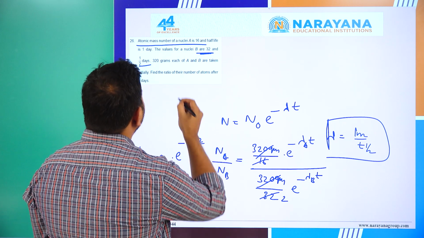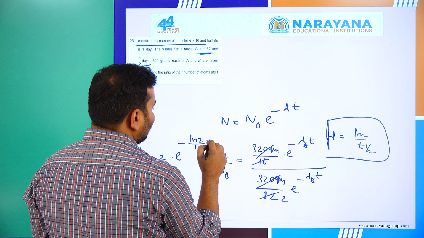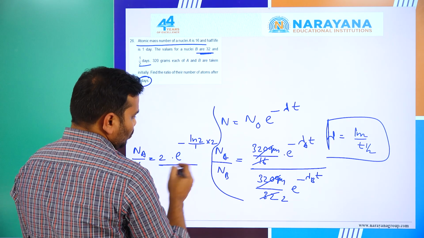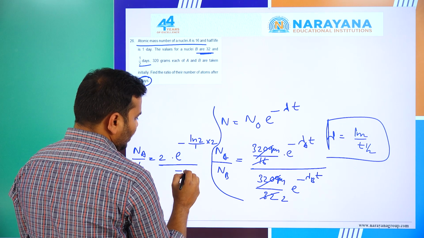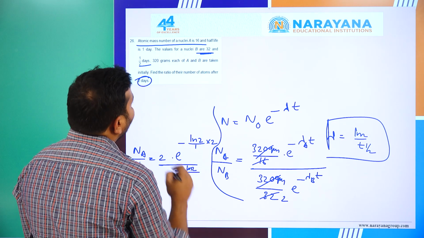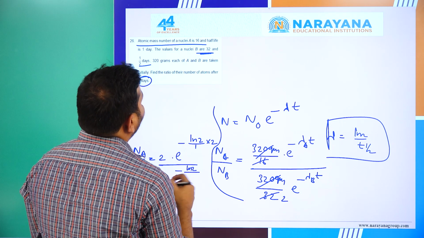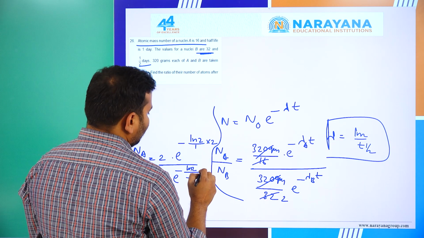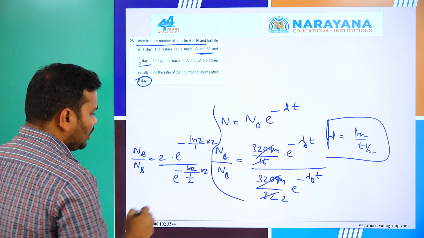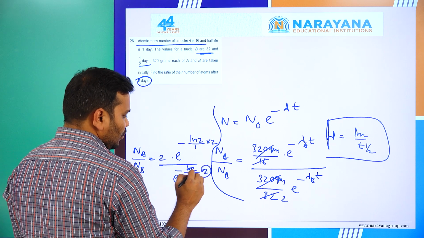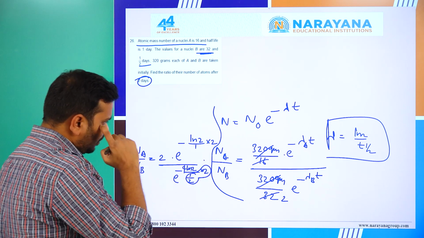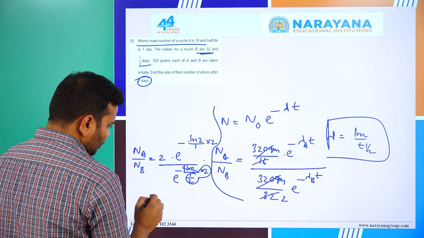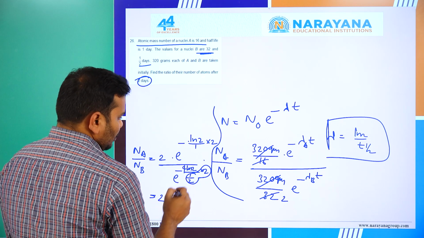So 1 day, and they are asking for time 2 days, so multiplied by 2, right, divided by e power minus ln 2 by the half life for the second one, that is 1 by 2, into time 2. So again this entire thing you will get as 4 in the numerator.